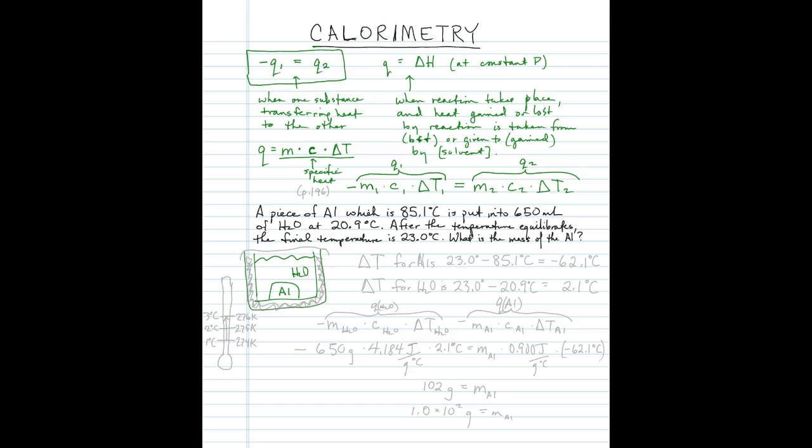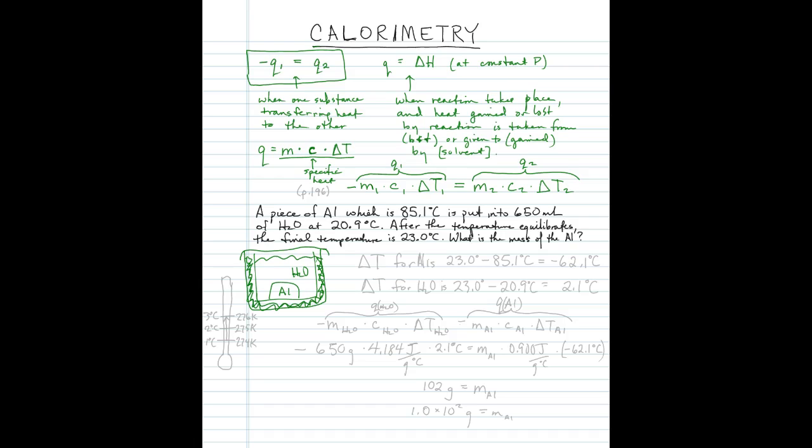Okay, so now let's figure out a couple of things. Delta T is the change in temperature. The change in temperature for the aluminum is 23.0, the final temperature, minus 85.1, its initial temperature, degrees Celsius, which equals negative 62.1 degrees Celsius.